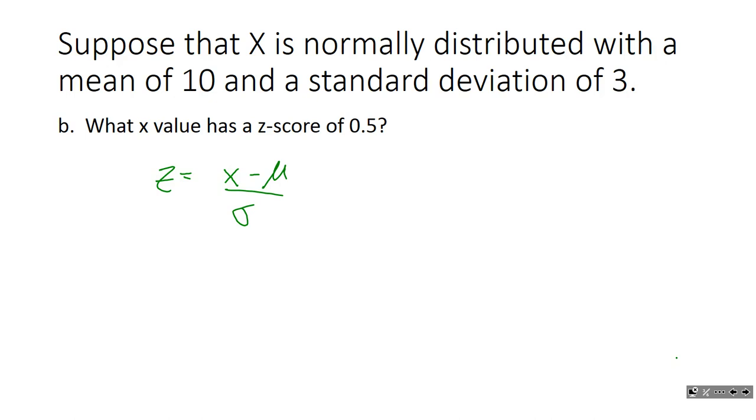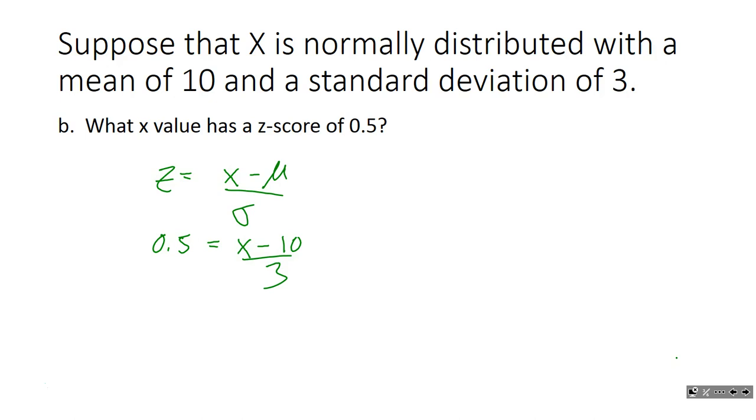We're saying that the z itself should be 0.5. We don't know the x. That's still a variable. We plug in the 10 and the 3 that are known. And now this just turns into a problem in algebra. Let's first clear the fraction by multiplying the right and the left-hand side by the 3.